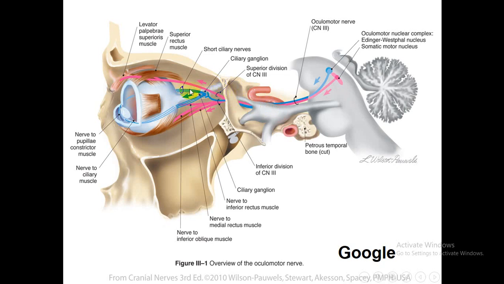The upper branch crosses the optic nerve and is small, supplying the superior rectus and ending in the levator palpebrae superioris, while the inferior branch is large, runs under the optic nerve, and supplies the medial rectus, inferior rectus and inferior oblique. From the nerve to the inferior oblique, a branch passes to the ciliary ganglia.